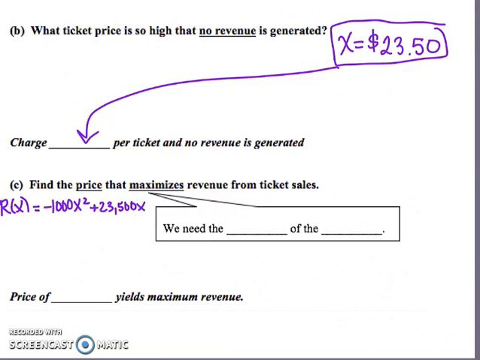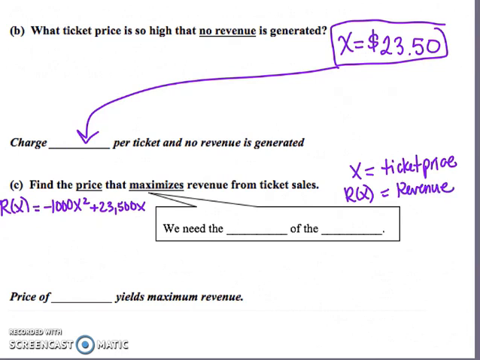And we need to find our maximum value, okay? We need to know that price. And in this case, our price is our x value because we set x to be equal to our ticket price at the beginning of the problem. Remember, our x value is the ticket price. And our r of x, which would be our y value, that is our revenue in this problem.